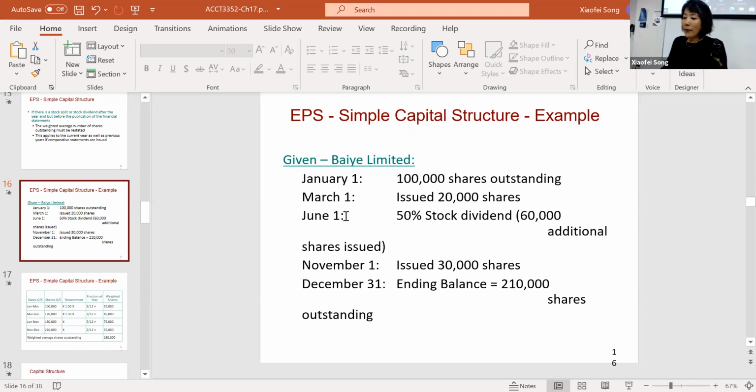Then they have a stock dividend. If you recall the chapter on shareholders' equity, this 50% stock dividend is a large stock dividend. The accounting for a large stock dividend is very similar to a stock split, almost like a mini split here. So an additional 60,000 shares were issued.